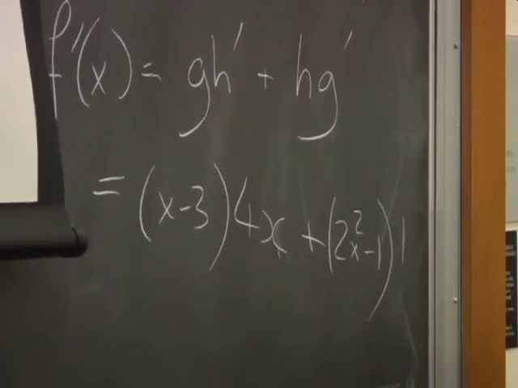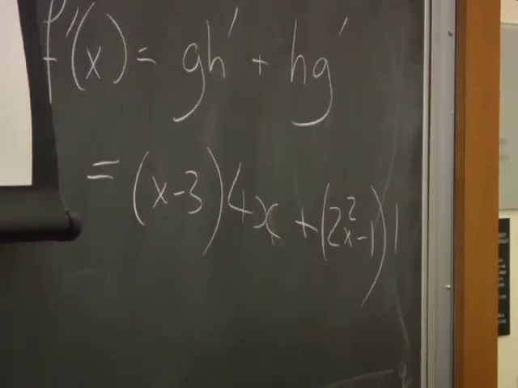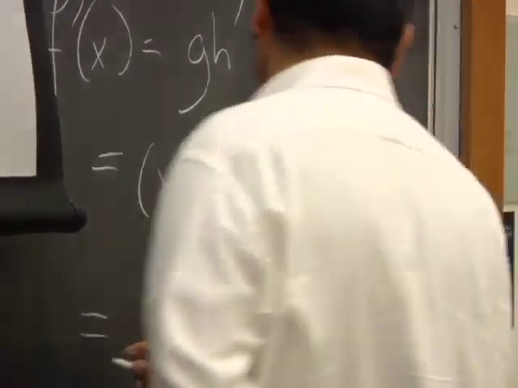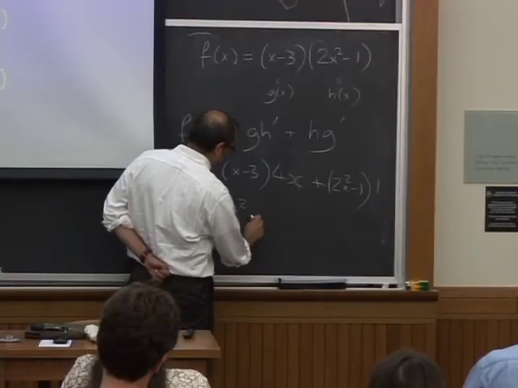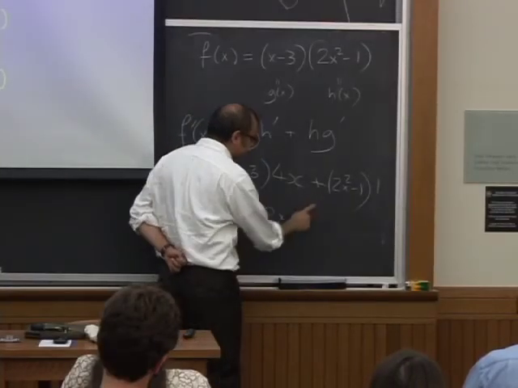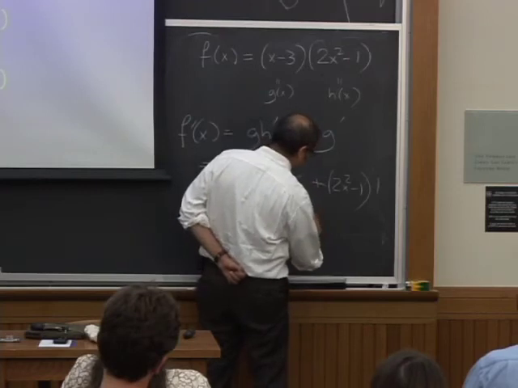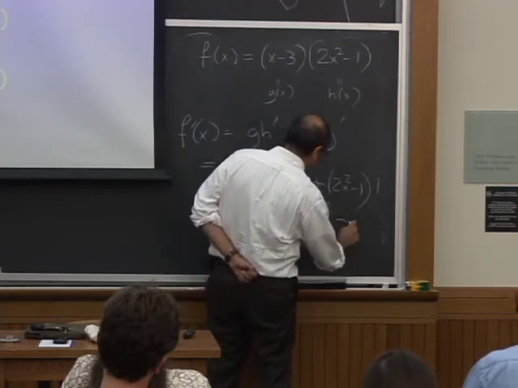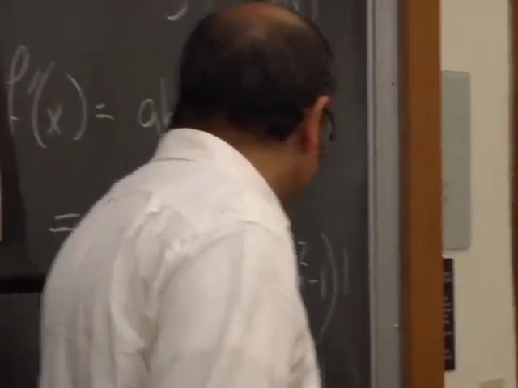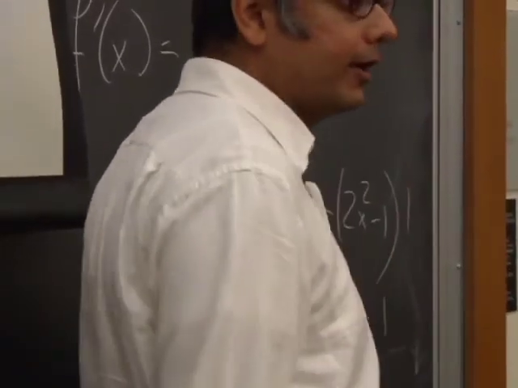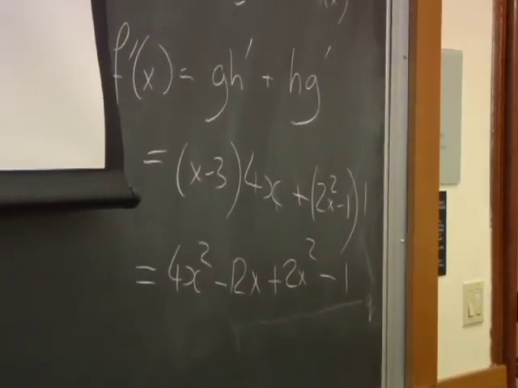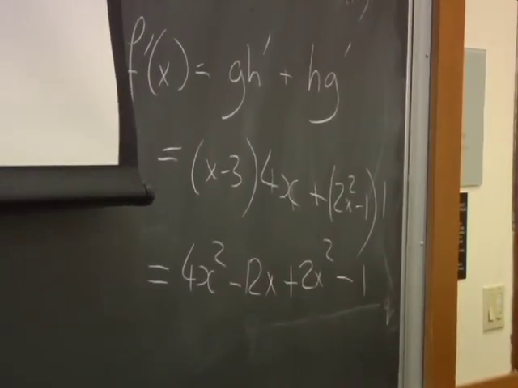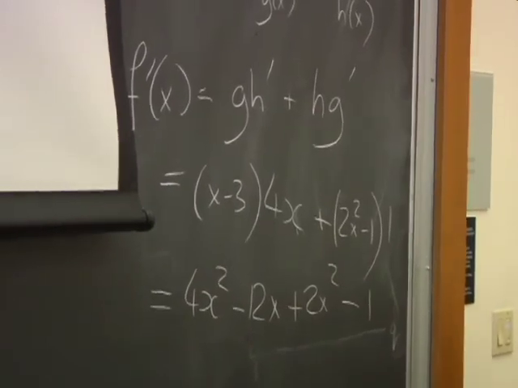And I could simplify this out and so that's going to be 4x squared minus 12x plus 2x squared minus 1. Okay, this and that will give you 6x squared minus 12x. And that's what hopefully I have up there.